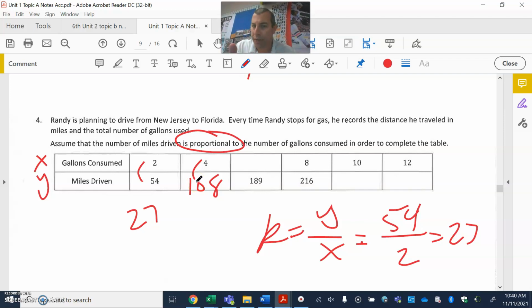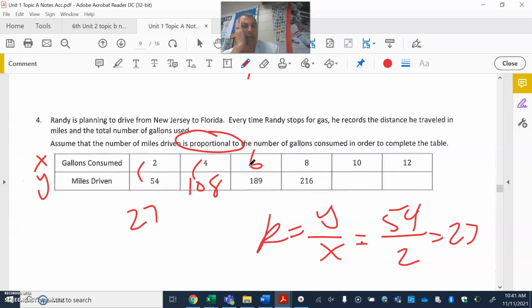here's where we're going on this problem. Proportional just doesn't always mean that we're going to be doing repeat addition. It might be the case, and it does work here. 2, 4, 6, 8, 10, 12, 54, 108. Here's the thing, though.